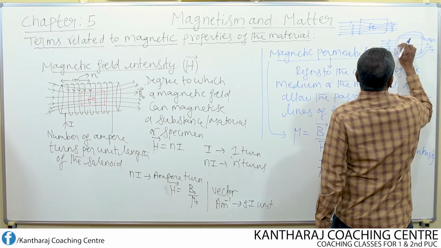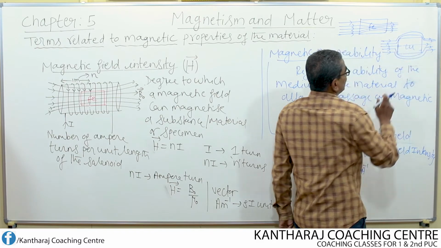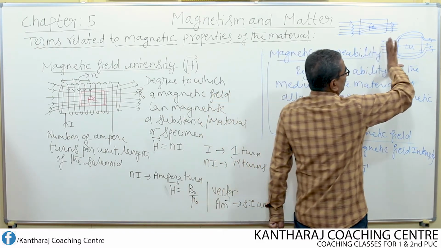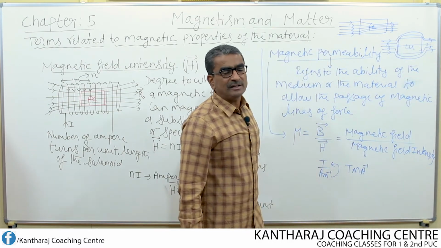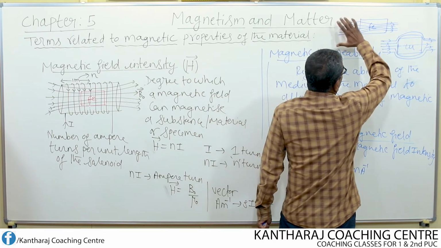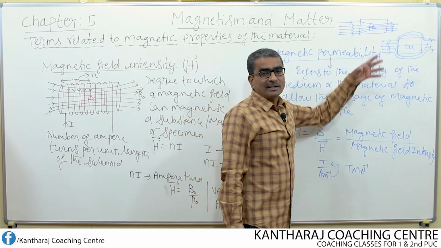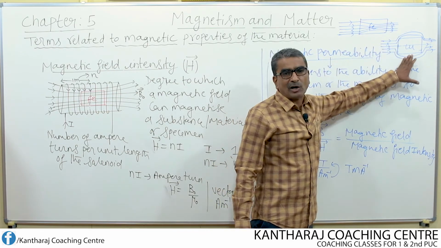So this clearly shows that through the copper material, magnetic lines of force are not able to pass easily. It is not allowing all the magnetic lines of force to pass, whereas iron is allowing almost all the magnetic lines of force to pass easily. So from this we can conclude that iron is more permeable than copper.